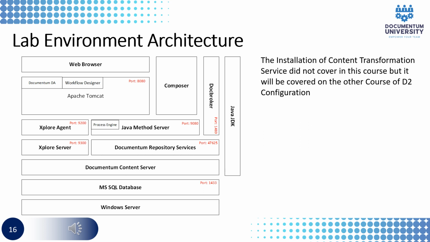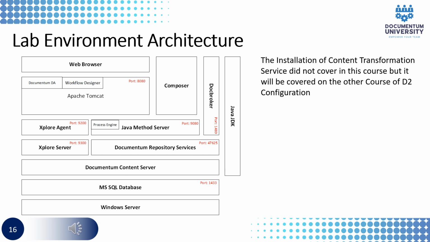In this course, we will guide you through the installation steps for the other components, such as the MS SQL Database Server, OpenJDK, Documentum Server, Explorer, Composer, Process Engine, and Apache Tomcat. We will also cover the Documentum DE and Workflow Designer web application deployment.